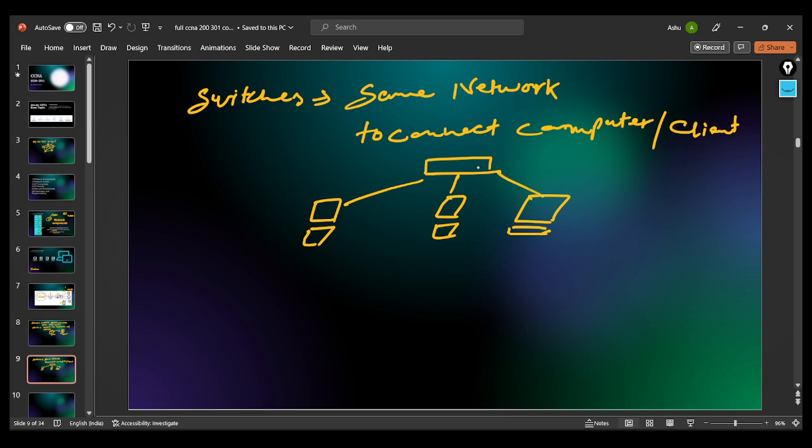Clear? Within the same network. Just every device has a MAC address. With the help of the MAC address, they can communicate with each other. This MAC address will always be fixed.